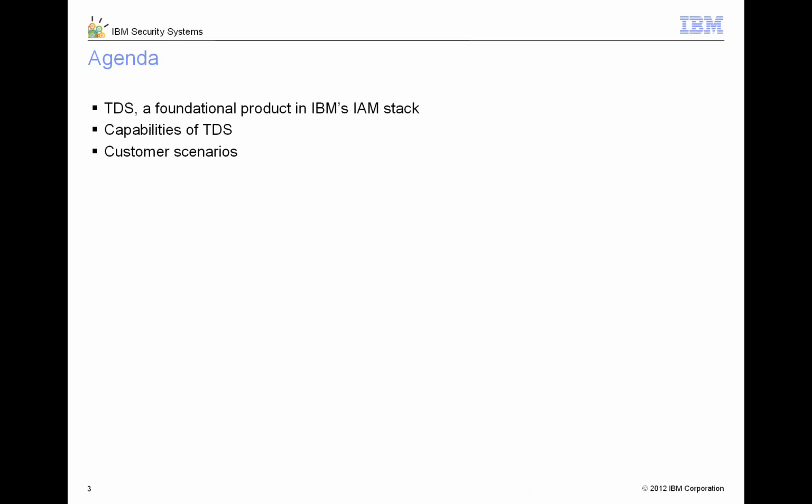And then we'll touch base on various features of TDS at a high level, the capabilities of TDS, and then we'll look at certain customer scenarios. I'll not be able to disclose the customer names, but these are the actual customer scenarios where TDS is deployed.